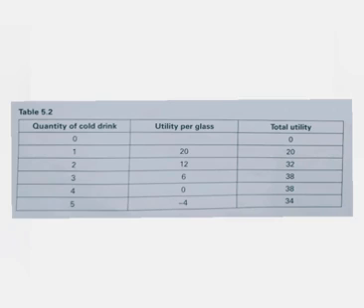It gives us 38. For glass 4, how do we get total utility of 38? 38 plus 0 is still 38, so nothing is changed. Glass number 5, total utility 34. How do we get that? 38 minus 4 gives us 34.